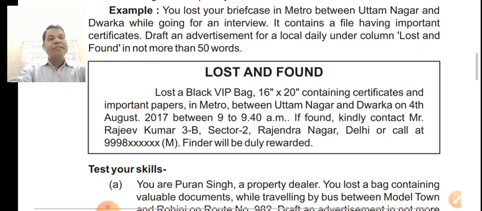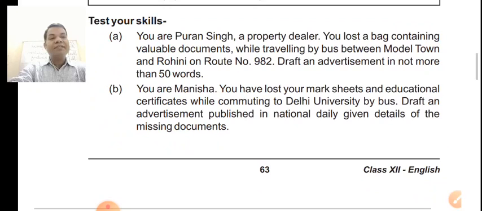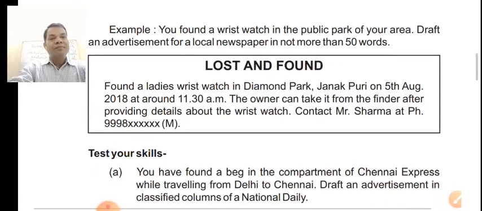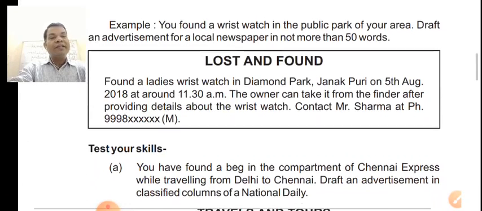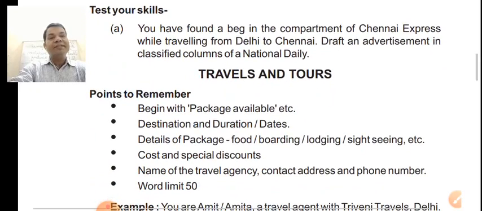Okay, dear students. Then questions were given for practice. Different categories of lost and found were discussed and questions were given for practice.